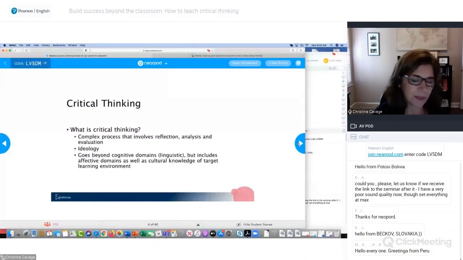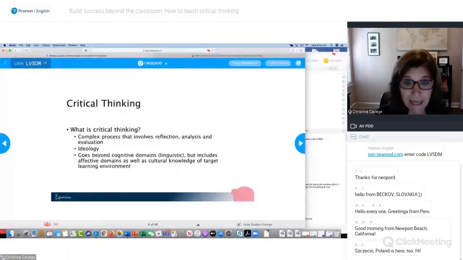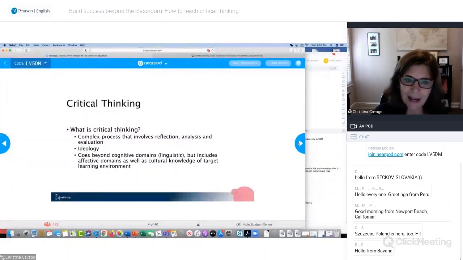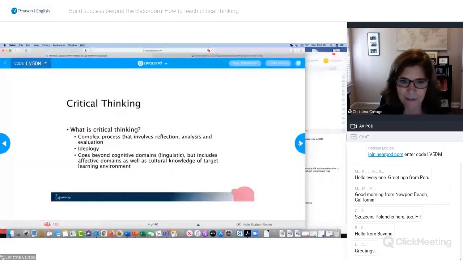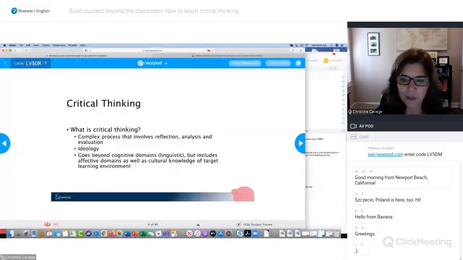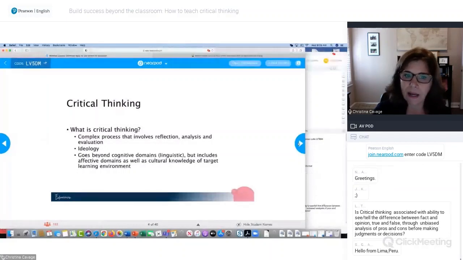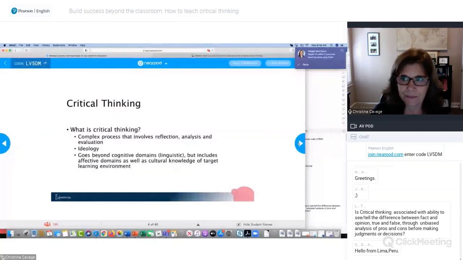It also goes beyond the cognitive domain. If you were with us last time, I talked a little bit about Bloom's and moving up Bloom's taxonomy. It goes beyond that cognitive domain. It also includes the affective domains: being able to listen to our classmates, being able to respond appropriately, setting values, all of that good stuff.